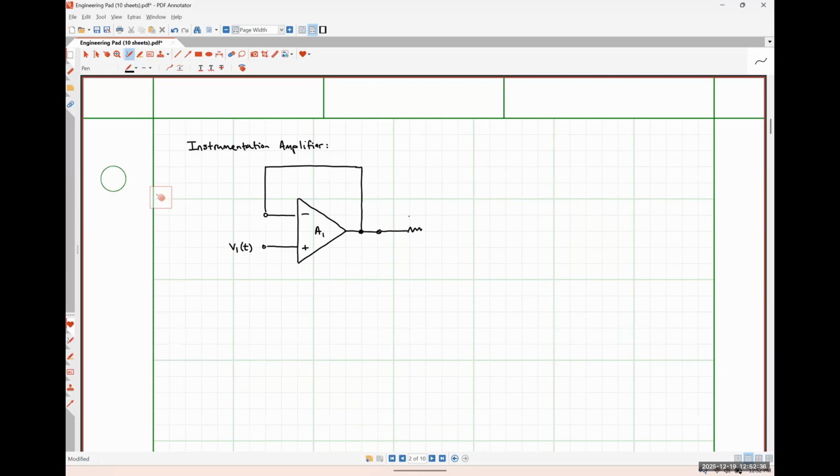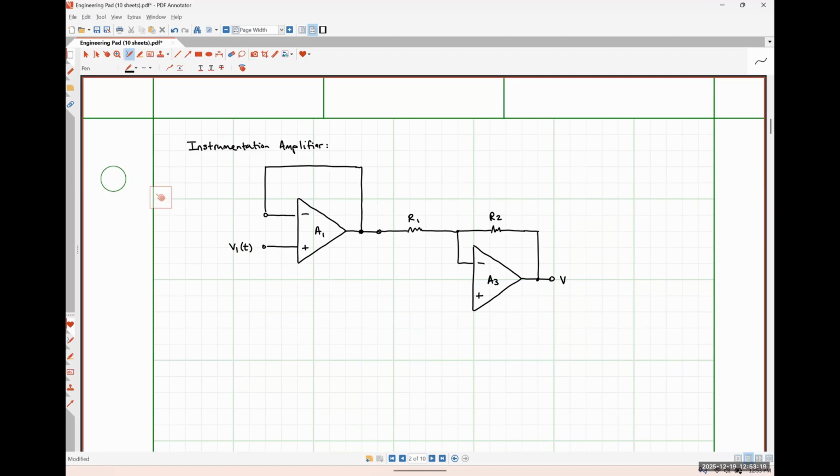So from this node, I'm going to go into some resistor R1. So this is going to be an op amp, I'll call it A3. Going to finish up here. This will be some resistance R2. So this one is another negative feedback stage.